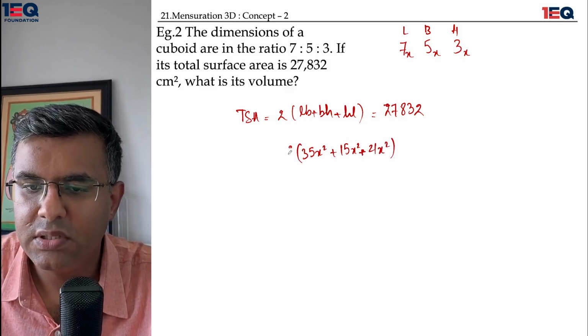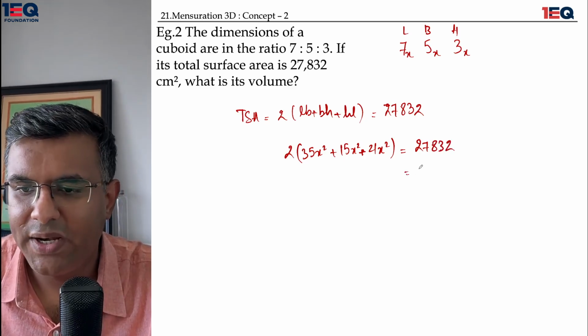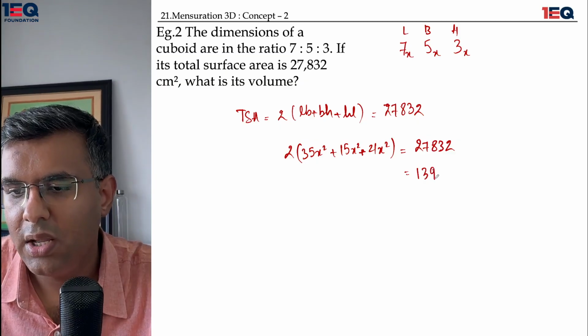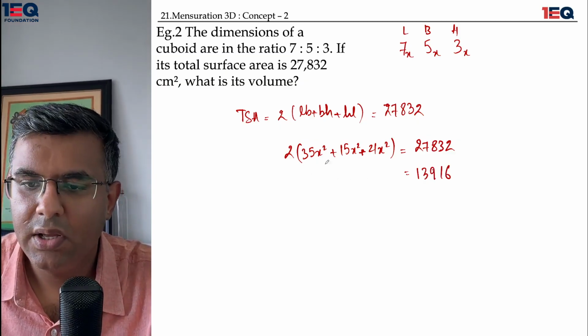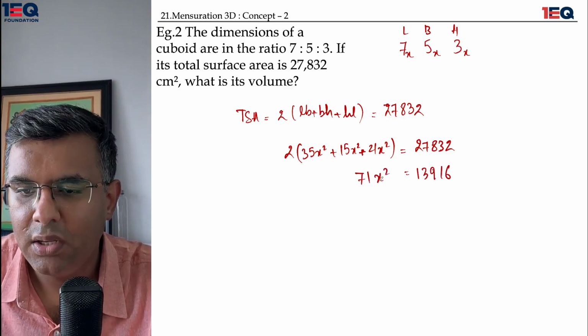Okay, this being multiplied by 2 is equal to 27832. I'll quickly divide it by 2 and give you 13916, and this entire thing added up would give me 71x square.